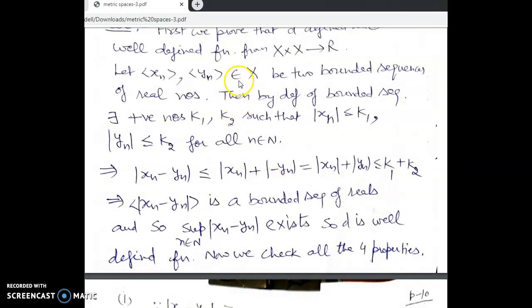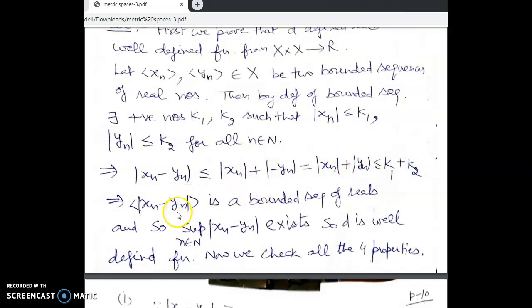Let (xn) and (yn) belonging to X be two bounded sequences of real numbers. Since these sequences are bounded, there exist positive real numbers k1 and k2 such that mod of xn is less than or equal to k1 and mod of yn is less than or equal to k2 for all n belonging to N. Now mod of xn minus yn is less than or equal to mod of xn plus mod of yn, and this is less than or equal to k1 plus k2.